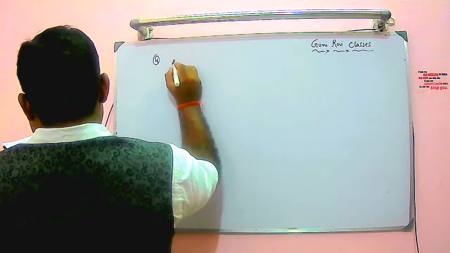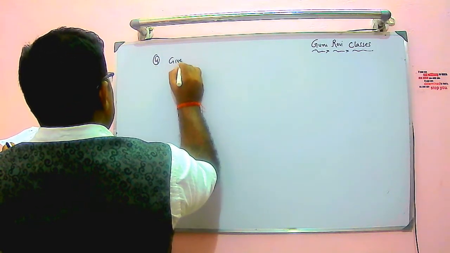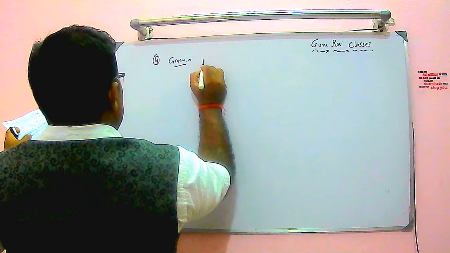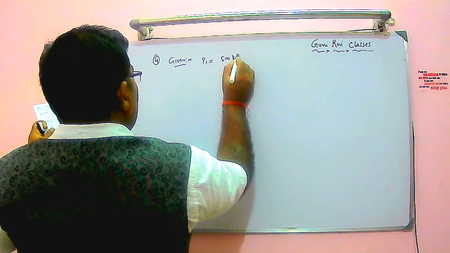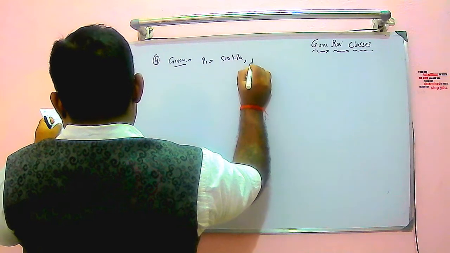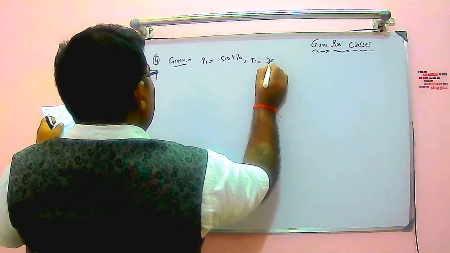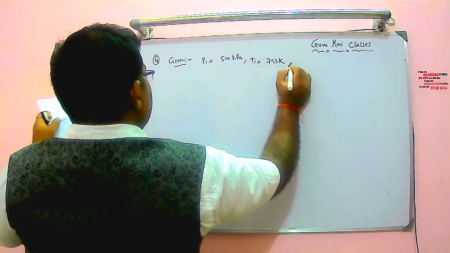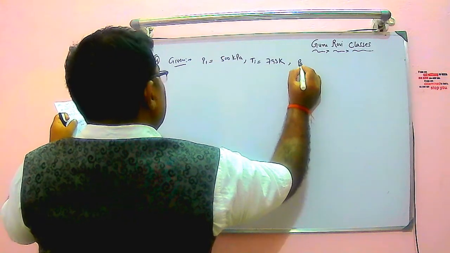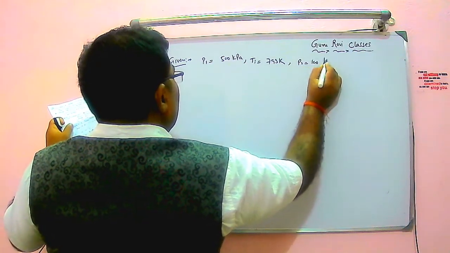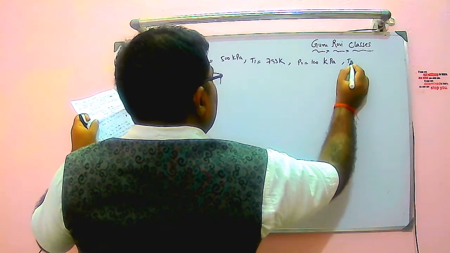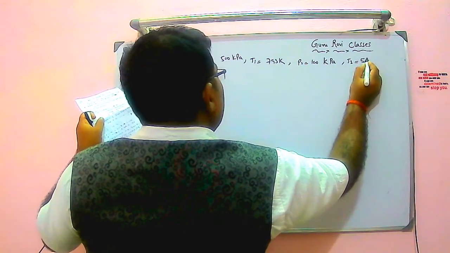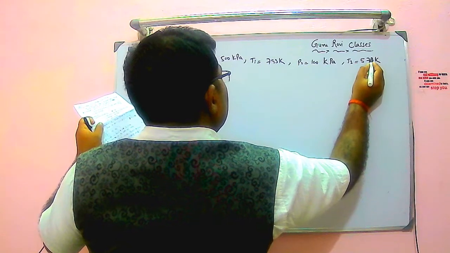So this is the last problem. What is given? P1 is given as 500 kilopascal, T1 is 793 Kelvin, P2 is 100 kilopascal, and T2 is 573 Kelvin.